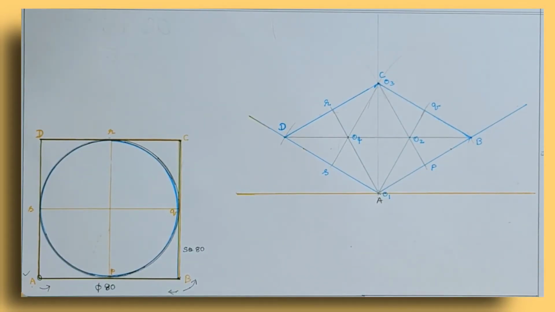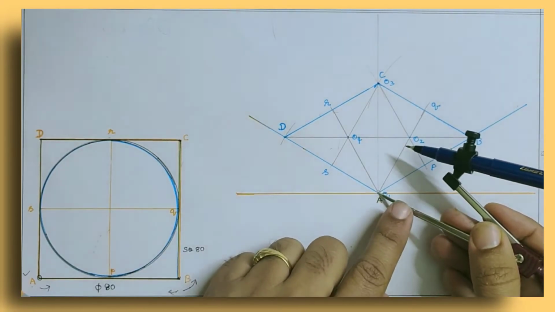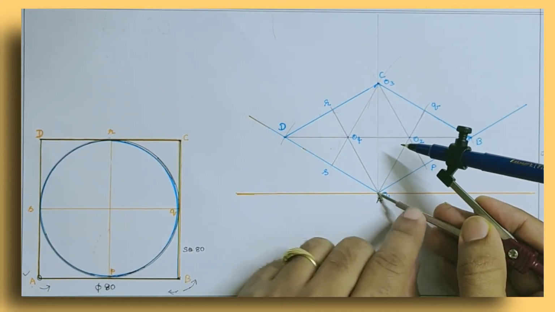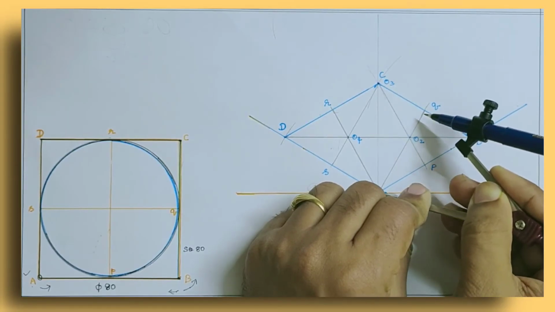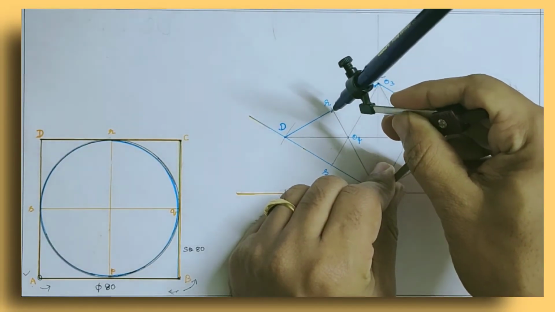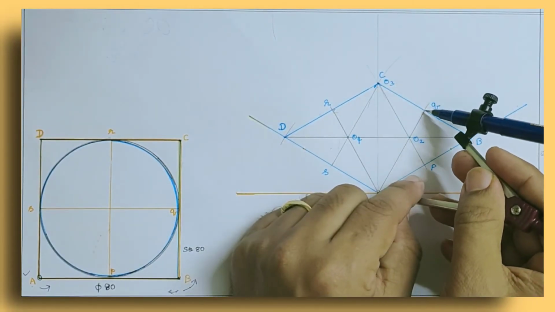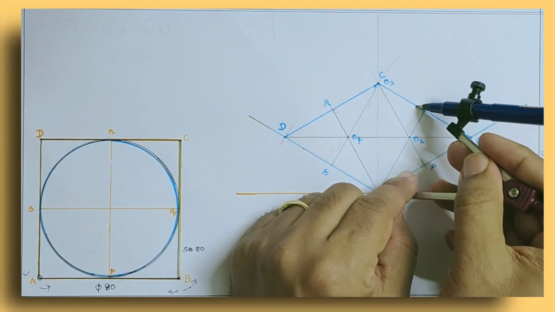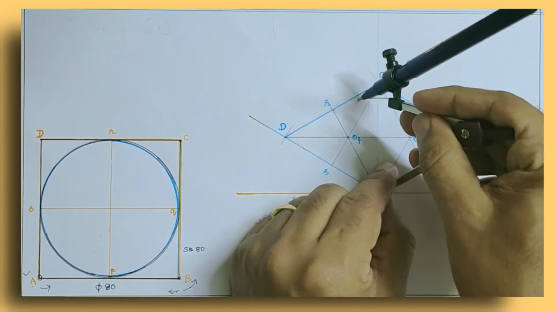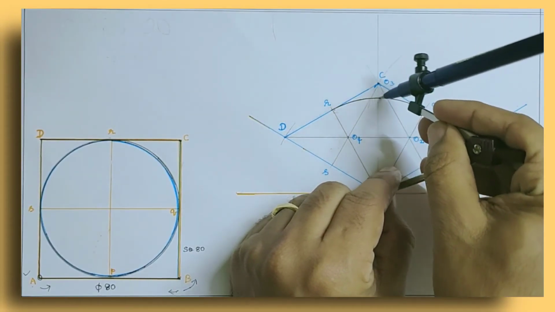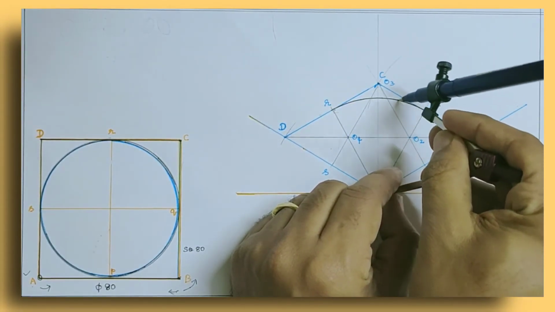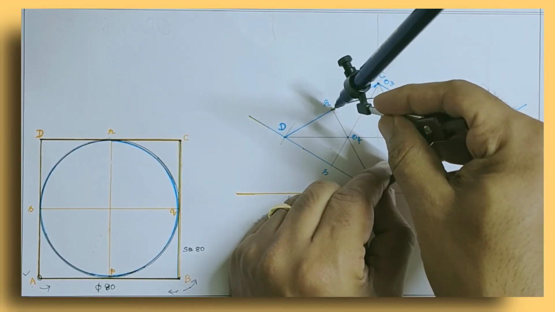Now what you need to do first is take O as the point of rotation and OQ or OR, any one radius, both are the same. I'll just take OQ and then draw the arc. It has to touch this, and it will if it is drawn with more accuracy.